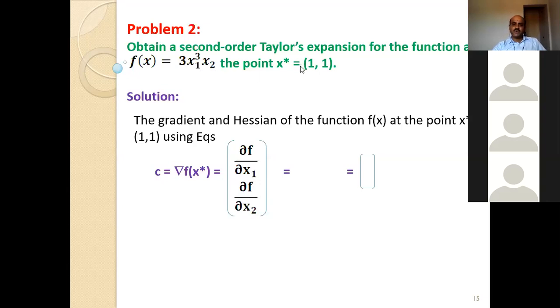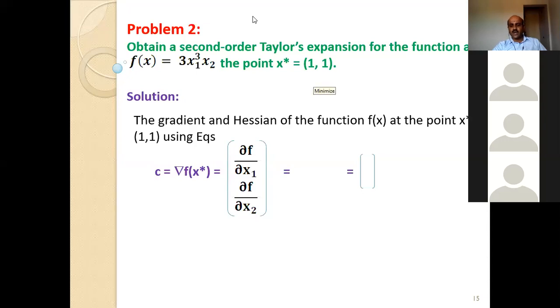And in that, you substitute x1 as 1 and x2 as 1 and get me the final equation. Anybody able to get it? 9x1 square x2.